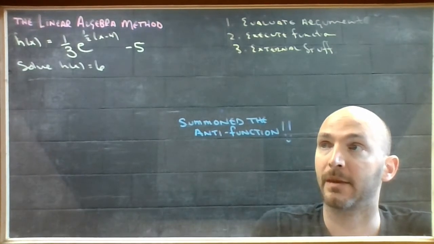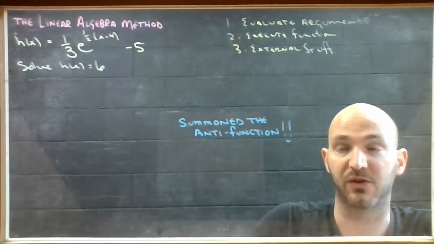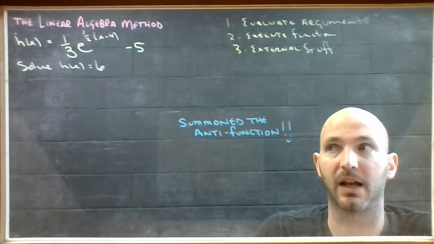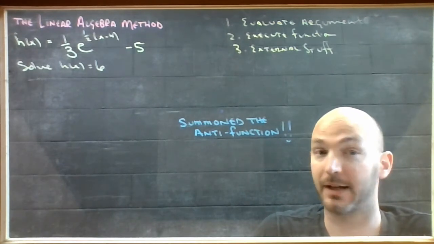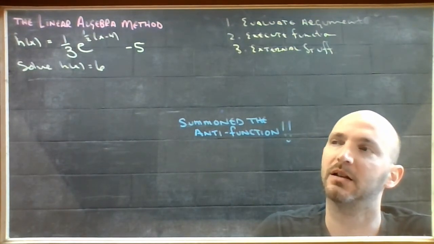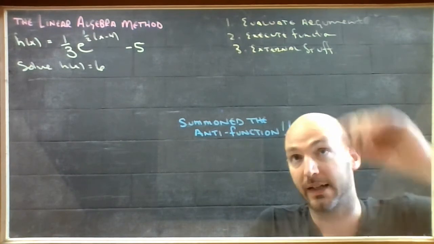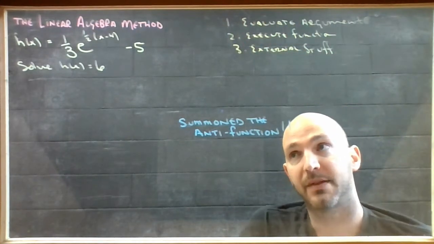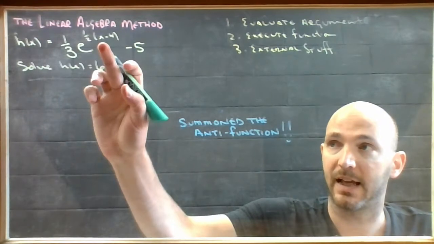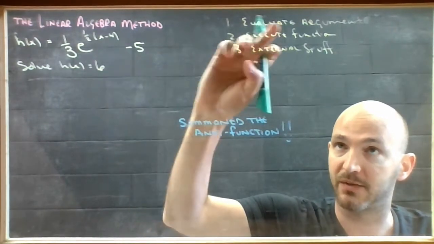Okay, so this one is an exponential base e, so I'm going to have to remember what the antifunction for e to the x is. But I can still write out these steps for my x. So if I had that x there, the first thing I'm supposed to do is evaluate the argument.